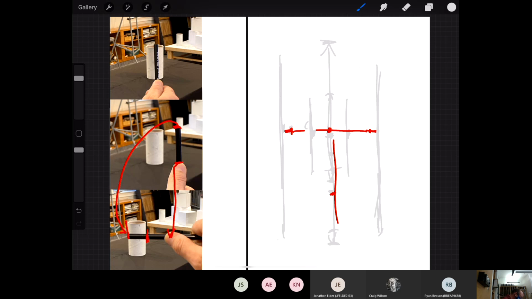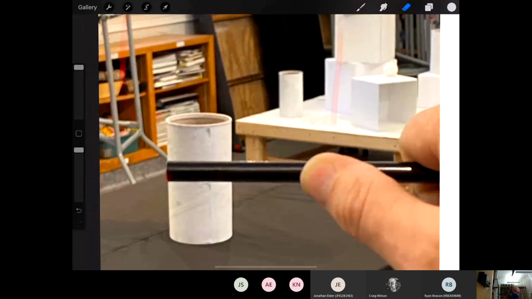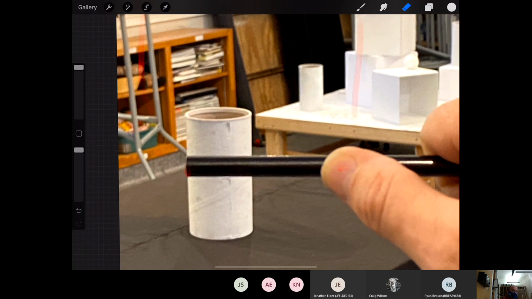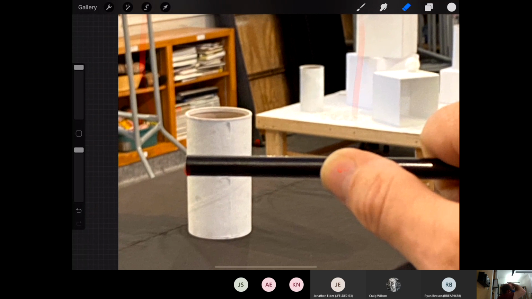All right, now, looking at that ellipse, it's really hard to determine from far away what the relationship of height and width is there, isn't it?